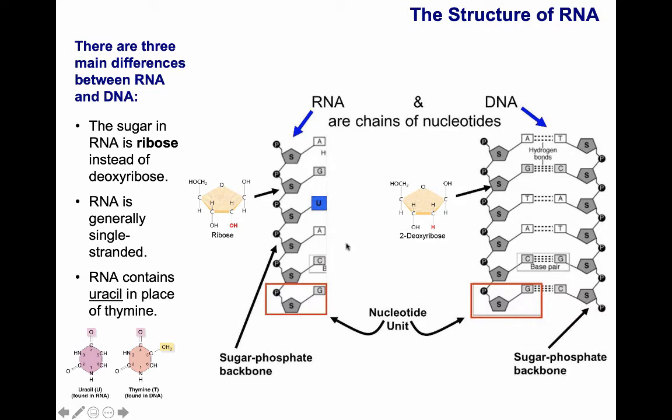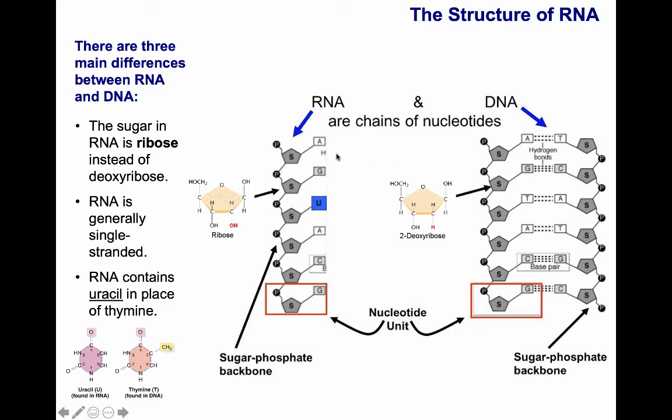The adenine, guanine, and cytosine are exactly the same, but RNA does not have thymine, T. Instead, RNA nucleotides have a very similar base called uracil, and we'll look at that a little bit later. But those 2 bases chemically are very similar and behave almost identically in terms of how they function in a cell.